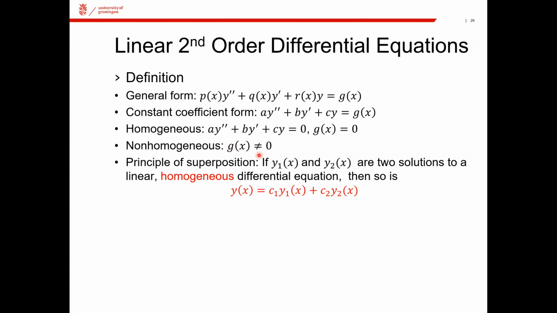The principle of superposition: if y1(x) and y2(x) are two solutions to a linear homogeneous differential equation, so basically this equation, then so is y(x), where y(x) is c1 times y1 plus c2 times y2.